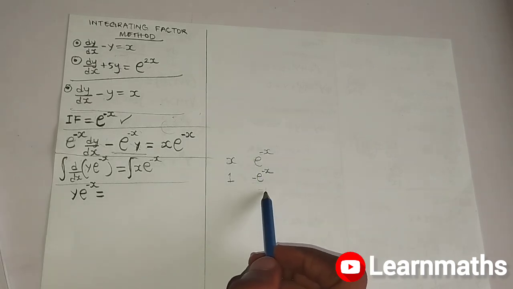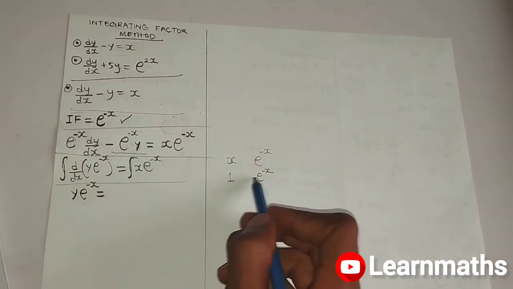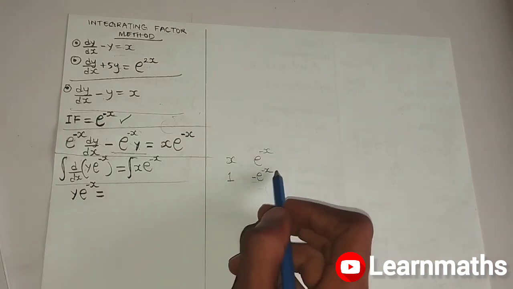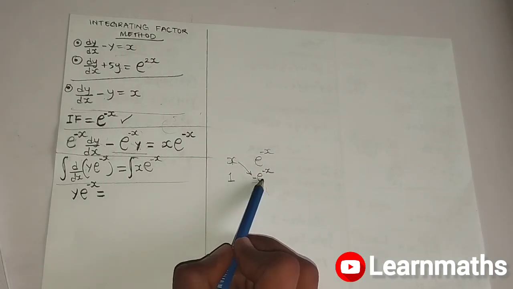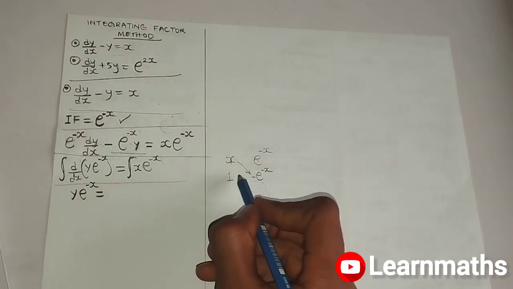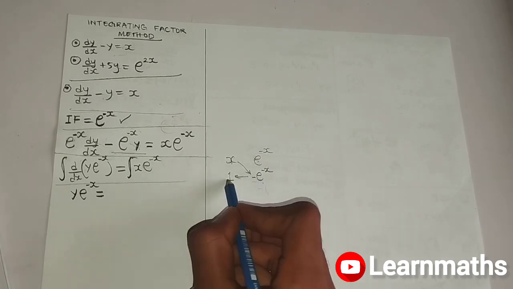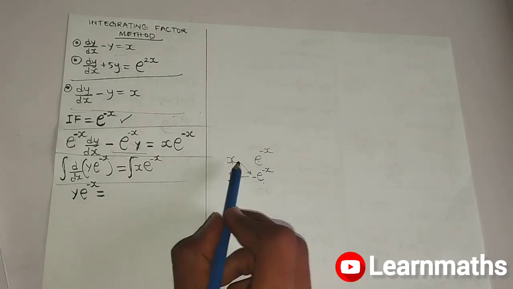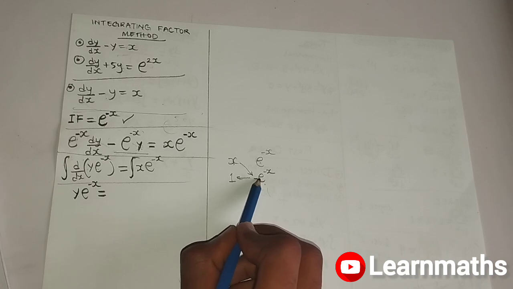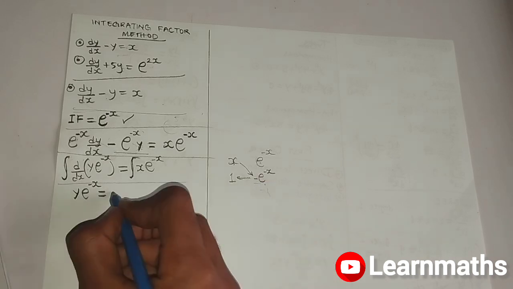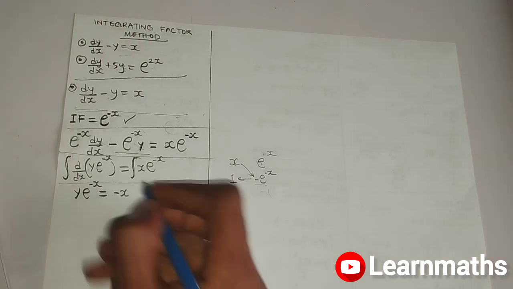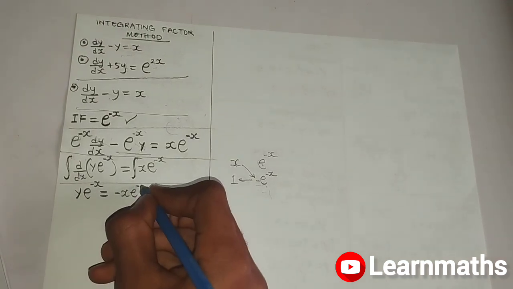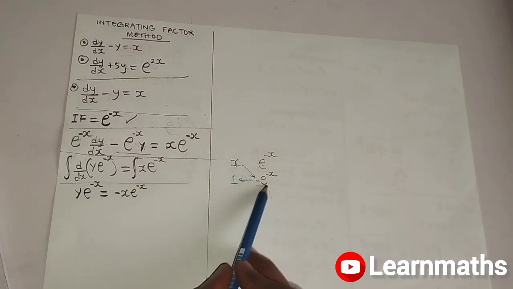I'm going to multiply x with this integral of e, so that's negative x e to the negative x, and then subtract the integral of this multiplying this.